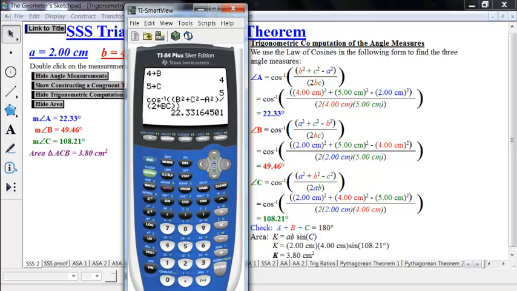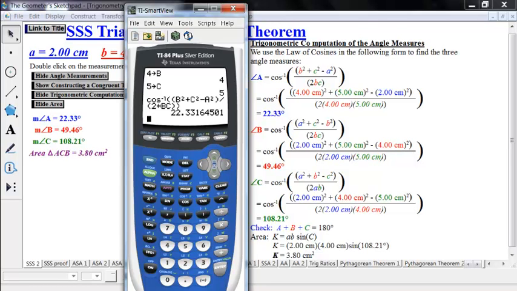Now, if those were exact values for the sides, then of course this would be a decimal approximation for the degree measure, but it would be accurate as far as the digits go. Of course, if those sides were measured to 3 significant digits, then the best we could do here would be 3 digits, 22.3 degrees.